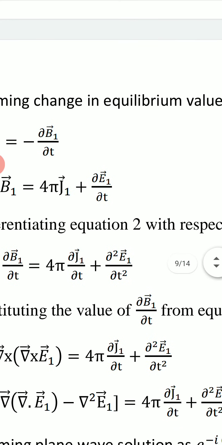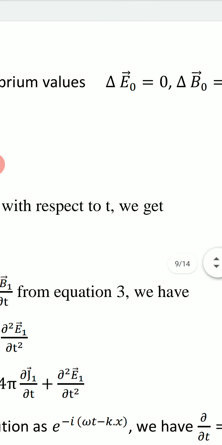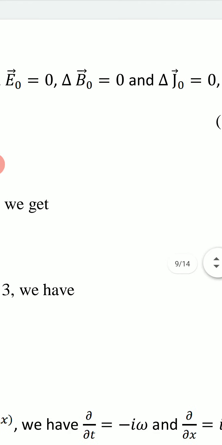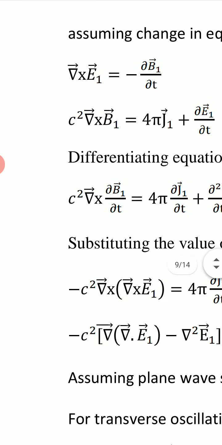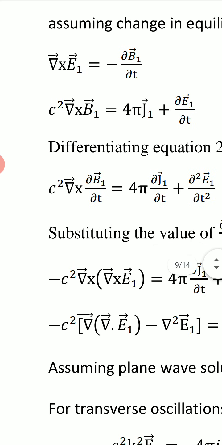Assuming that the change in equilibrium values delta E0 is 0, delta B0 is 0 and delta J0 is 0, we then have these two equations.